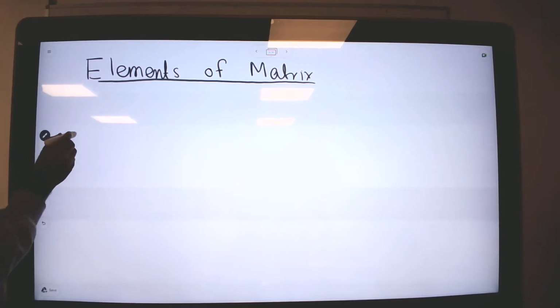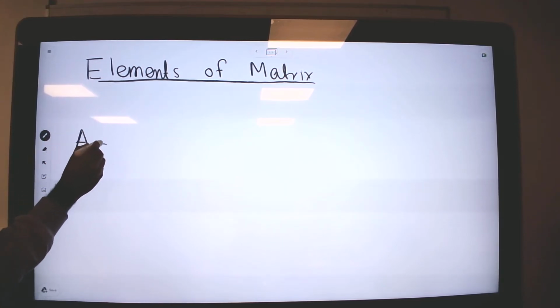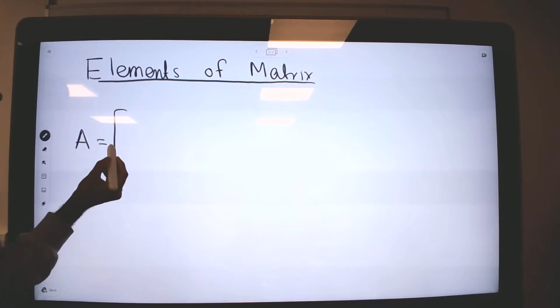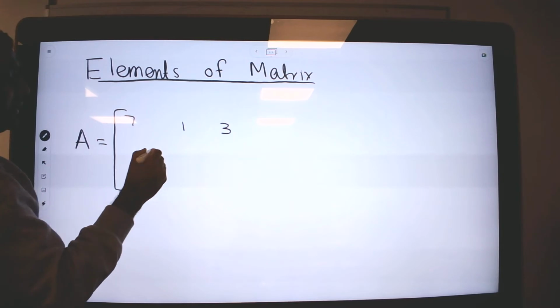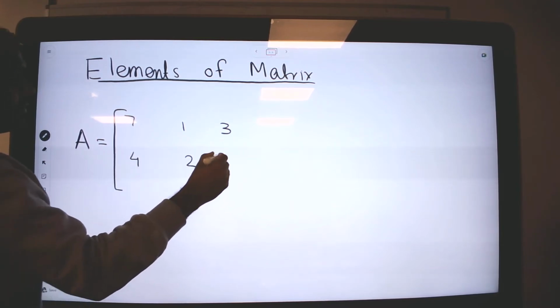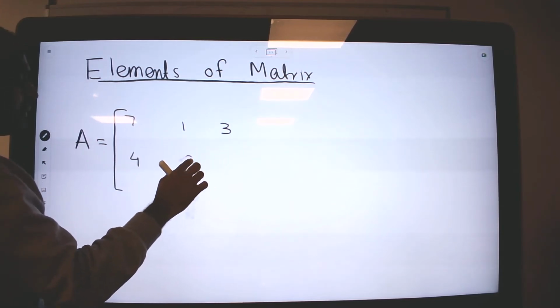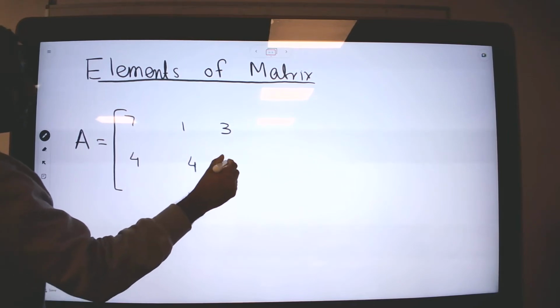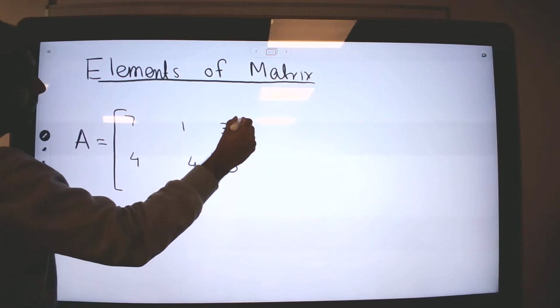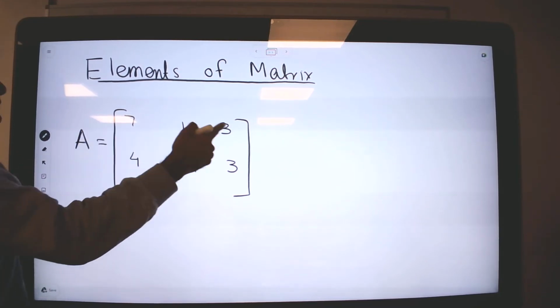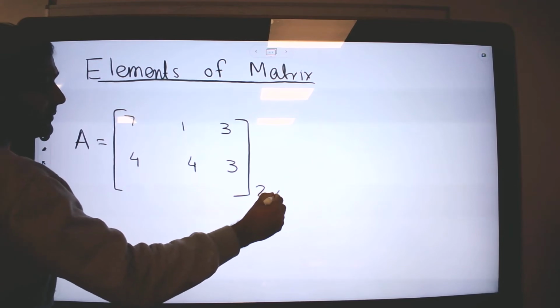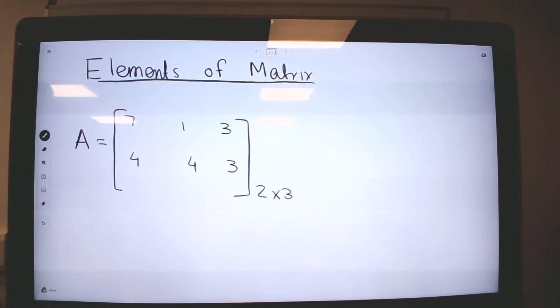For example, let's say I have a matrix, I can name it A, and I have 7, 1, 3, 4, 2, 4, 4, 3. What's the order of this matrix? 2 rows, 3 columns, so the order of this matrix is 2 cross 3.